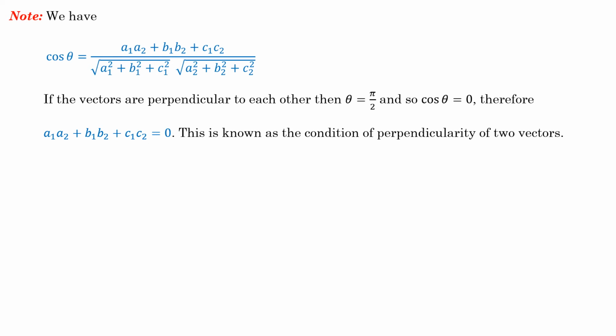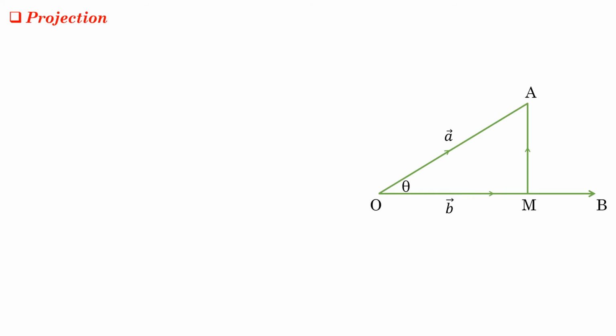And the next one, one important thing is here, projection of one vector on the other vector. This is the topic now. So what is projection? First you see the figure here.